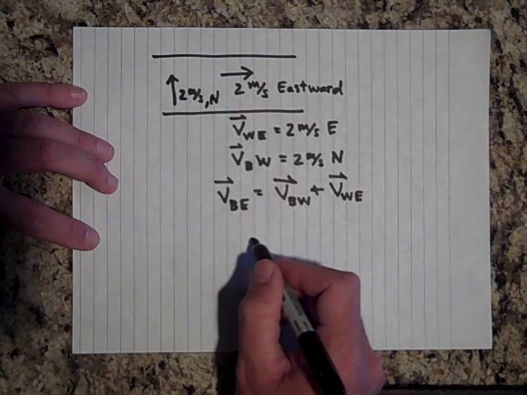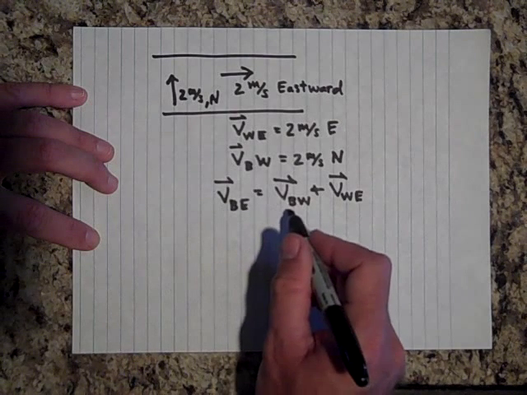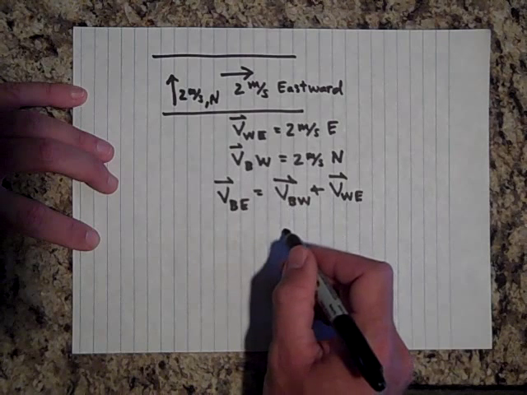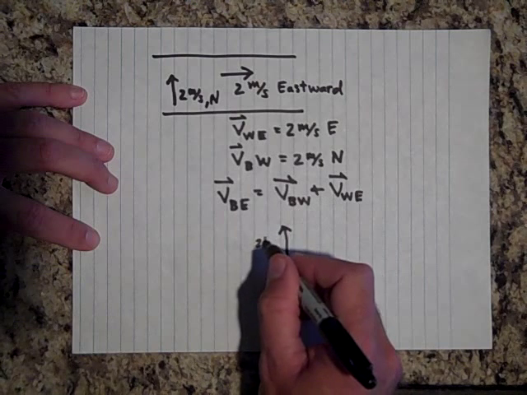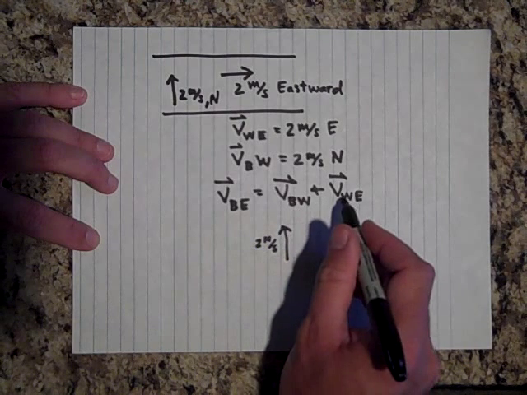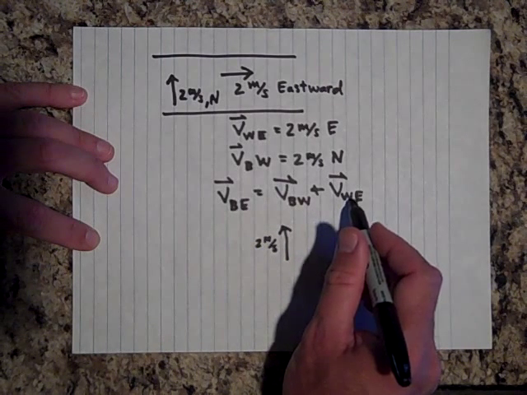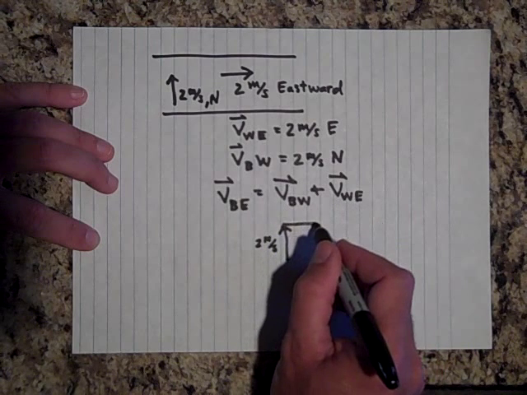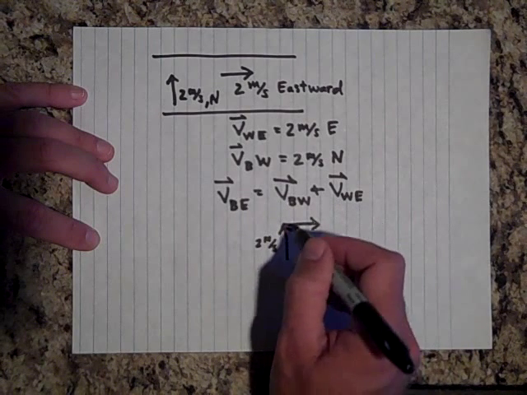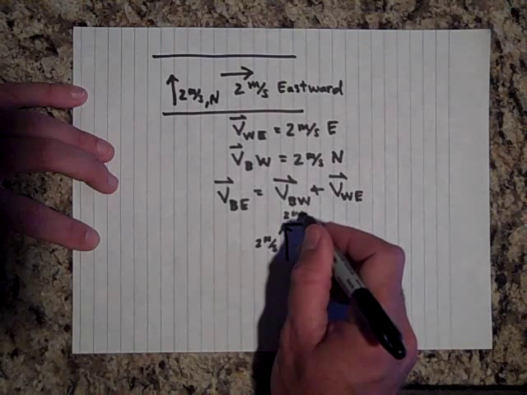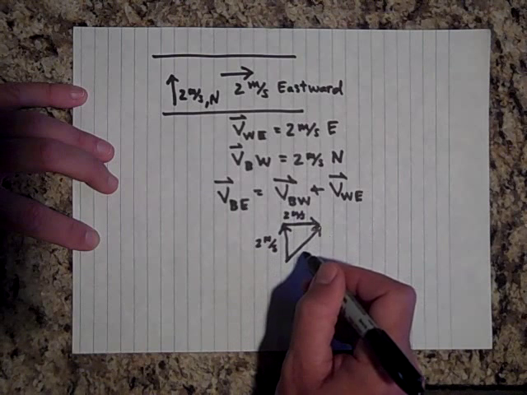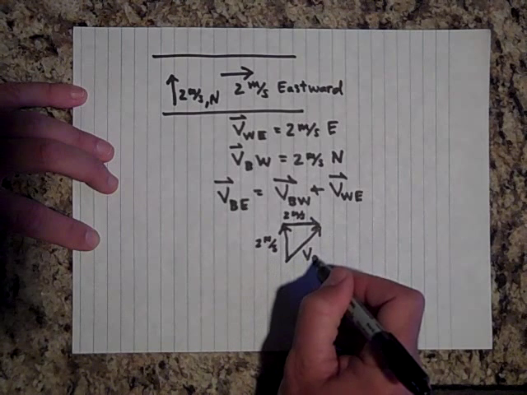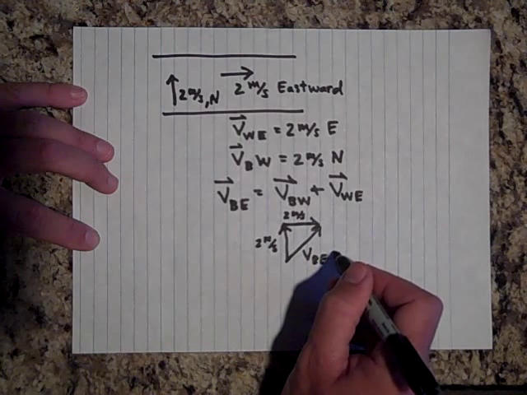So I'm adding this vector, boat relative to the water, that's 2 meters per second, plus the velocity of the water relative to the earth, so that's 2 meters per second eastward. So here is your resultant vector. That resultant vector is the velocity of the boat relative to the earth.